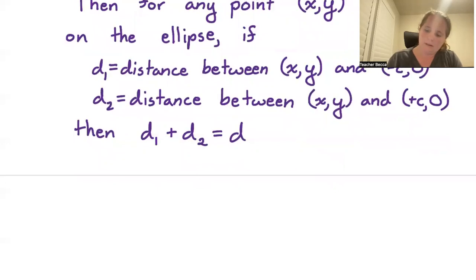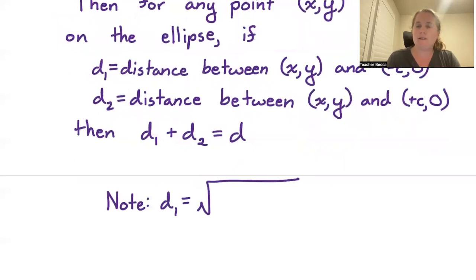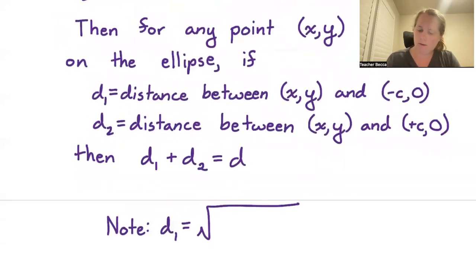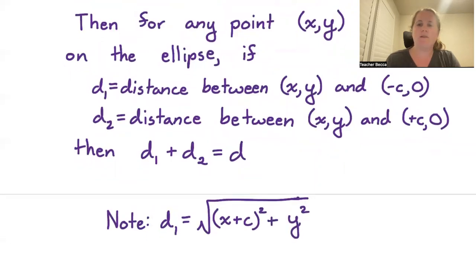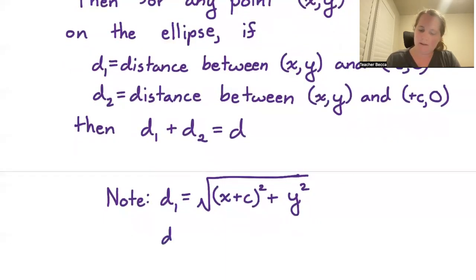So note that d1 would be the square root of x minus negative c squared, otherwise known as x plus c squared, plus y minus 0 squared, otherwise known as y squared. d2 would be the square root of x minus c squared plus y squared.